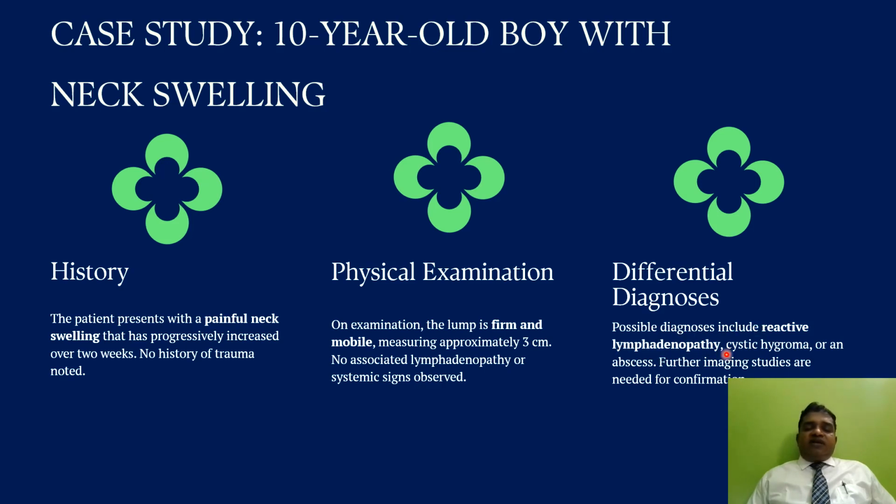Sometimes an infected thyroglossal cyst may mimic the same. So always think about lymphadenopathy first, because this area is common with lymph nodes and other causes are less likely. But abscess, lymphadenopathy and infected thyroglossal cyst are the possible causes for this picture.